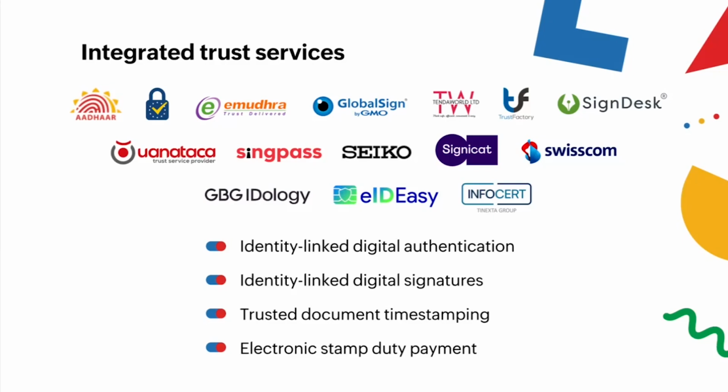For example, there is a digital identity card in India that's called the Aadhaar, and it is like, say, the social security number in the US, right? There is a single unique number that can help identify each and every person that holds an Aadhaar card, right? And what we do is we integrate directly with the identity provider, which is a governmental body, to help validate the identity of a person.